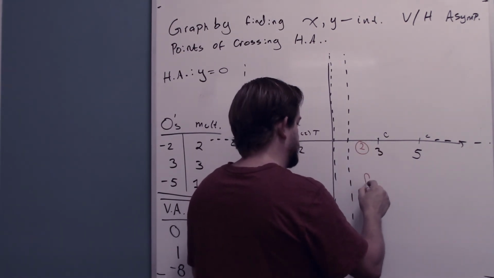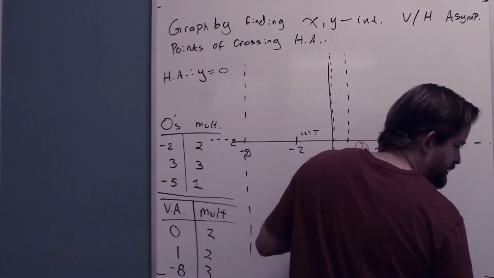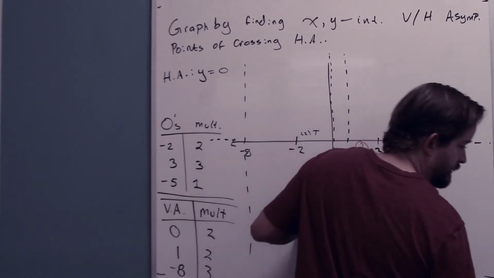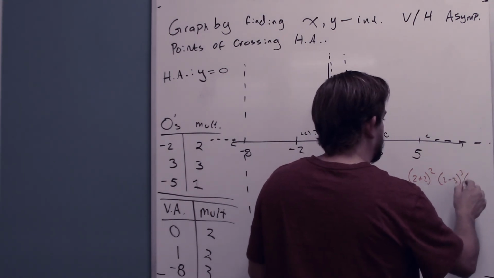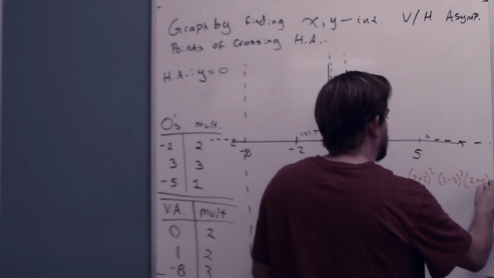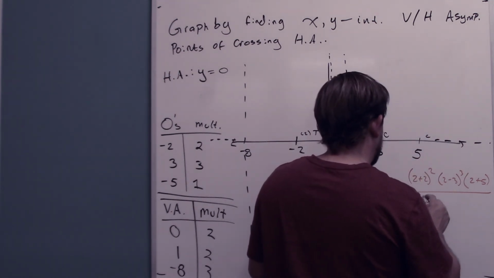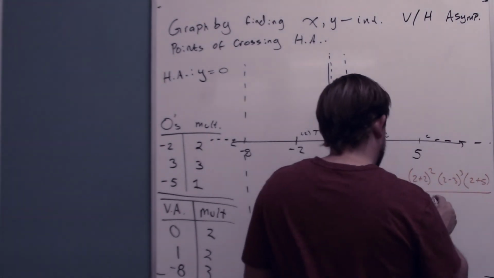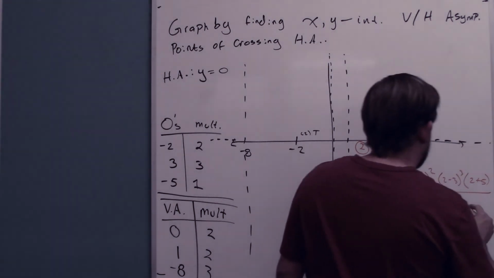So I have h of 2 is 2 plus 2 squared times 2 minus 3 to the third times 2 plus 5 all over 2 squared, 2 minus 1 squared, and then 2 plus 8 to the third.